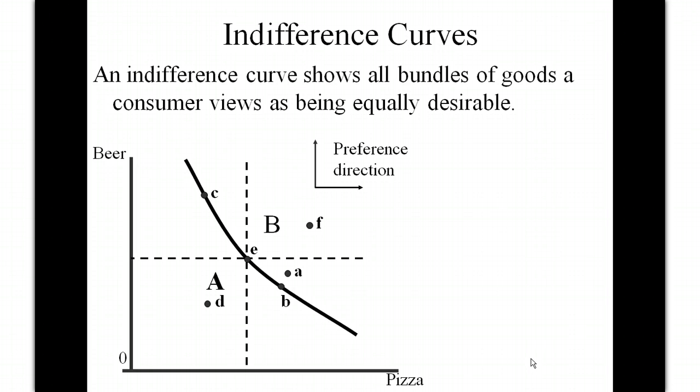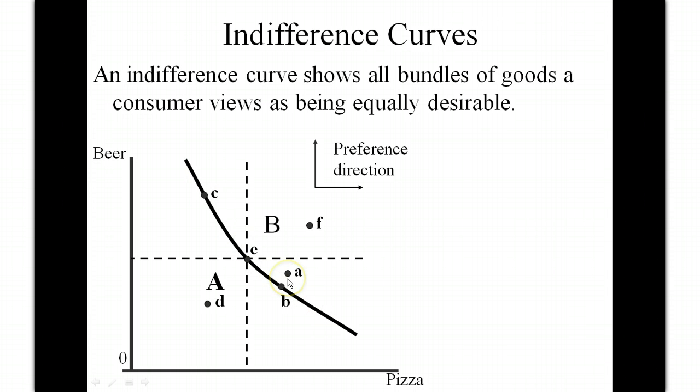So we can make what are called indifference curves. Bundles of goods that offer the same level of utility. The consumer has lost some of one good and gained some of another, but along the indifference curve, utility is exactly the same. So C, E, and B all have the same level of utility.